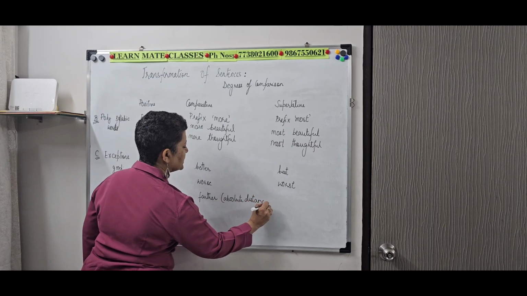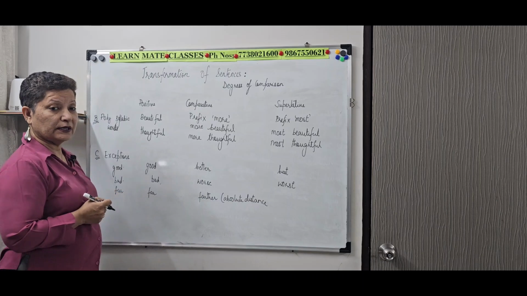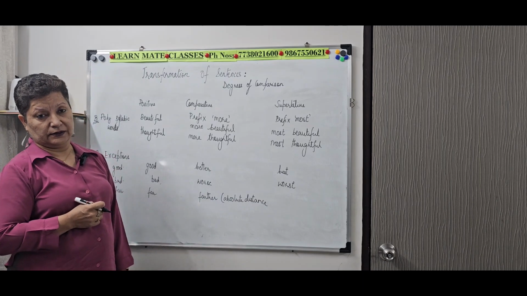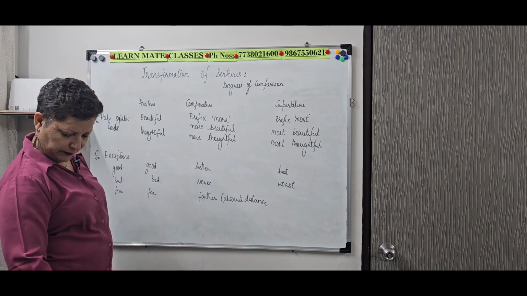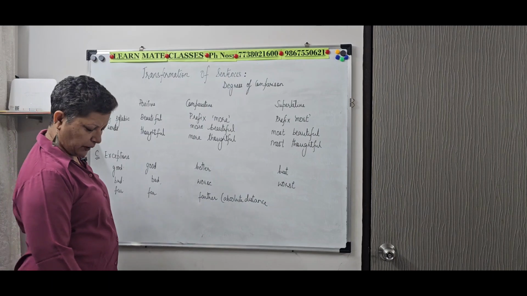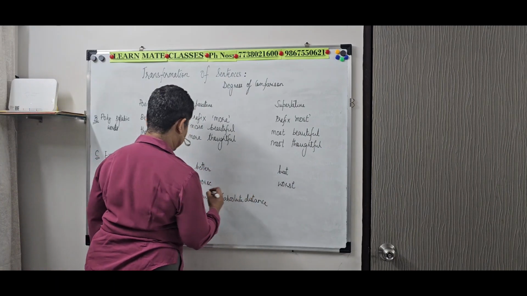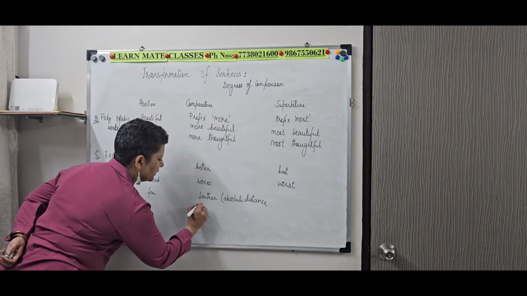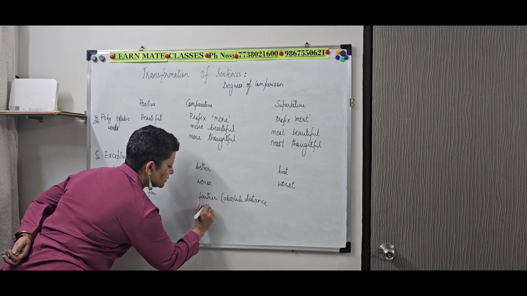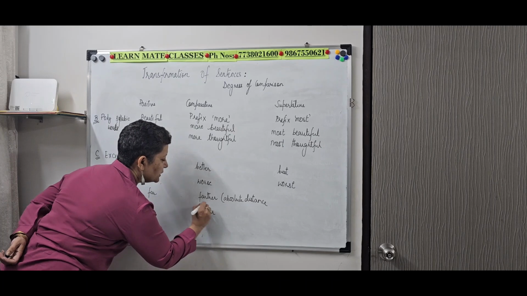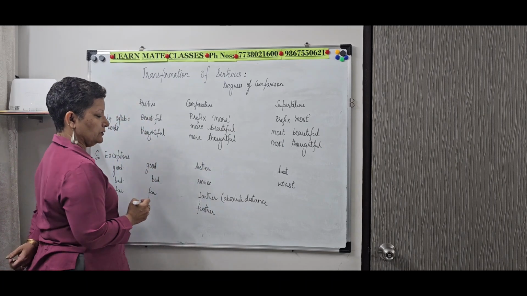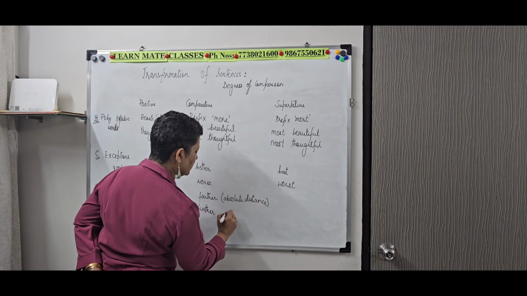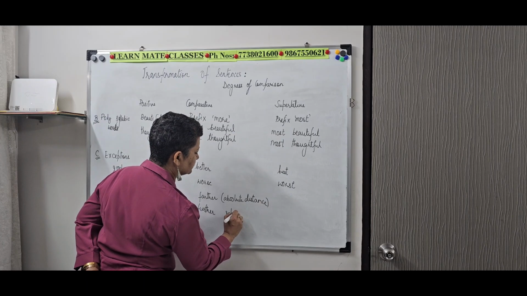If I have to give you an example, her house is farther than mine. Now, if I have to talk about relative distance, that becomes further. So, that is relative distance or more as a position.